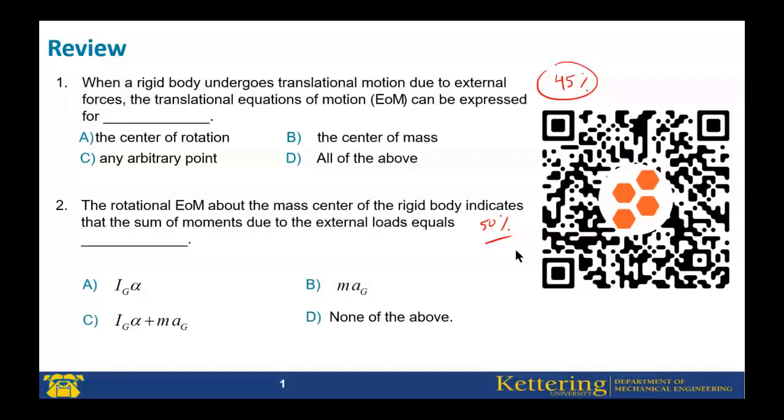Okay, guys? First question, when the rigid body undergoes a translational motion due to external forces, the translational equation of the motion can be expressed for which point? If you remember, for a rigid body, we used Newton's second law. This is the general form of Newton's second law, or we can extend this one for a rigid body.